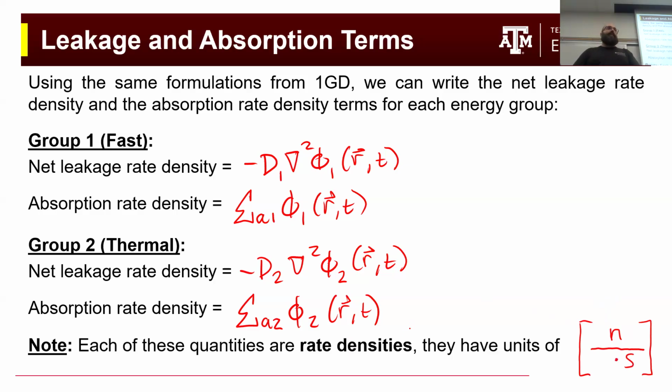And it's also a density. Like if you think about mass density, it's grams per unit volume, like grams per centimeter cubed or grams per meter cubed. So if it's a density, it also has units of centimeters cubed or meters cubed in the denominator. So all of these quantities have units of neutrons per unit volume and per unit time. So that's my leakage and my absorption terms.